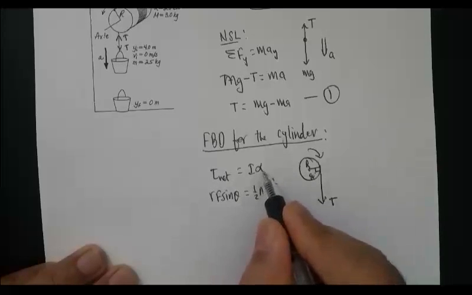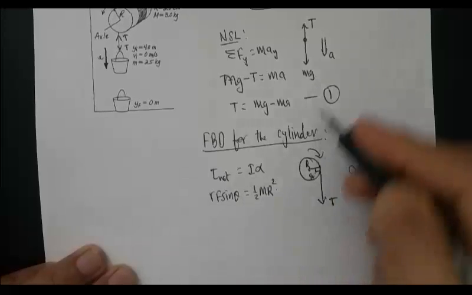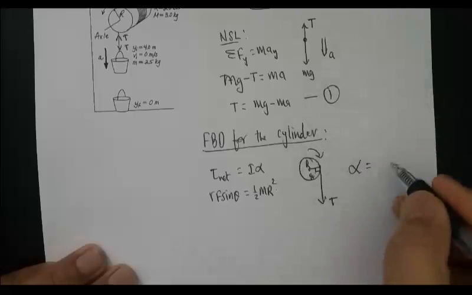And for alpha, you have to convert the angular acceleration to the linear acceleration, so you can compare with equation number 1.